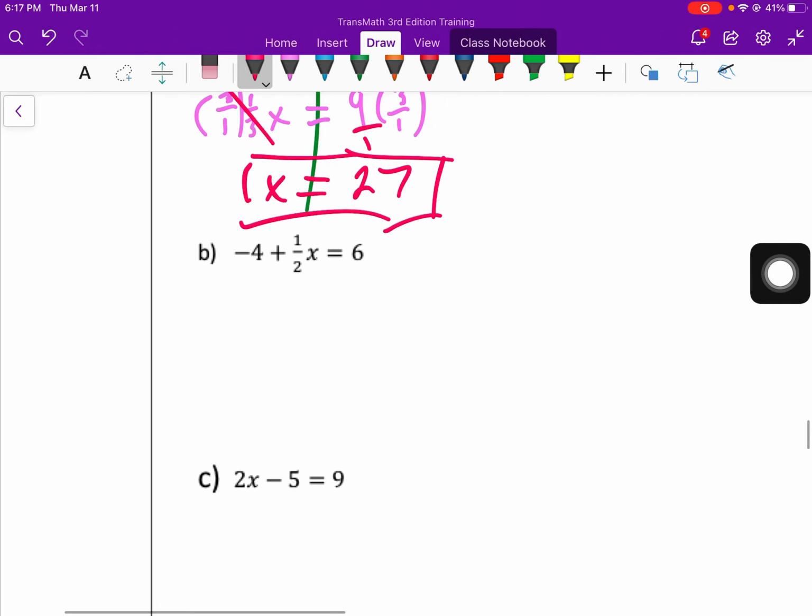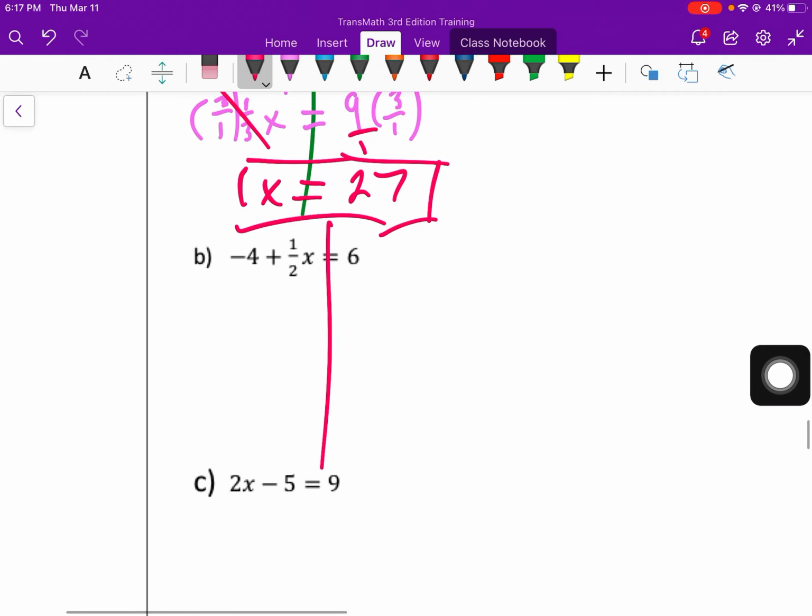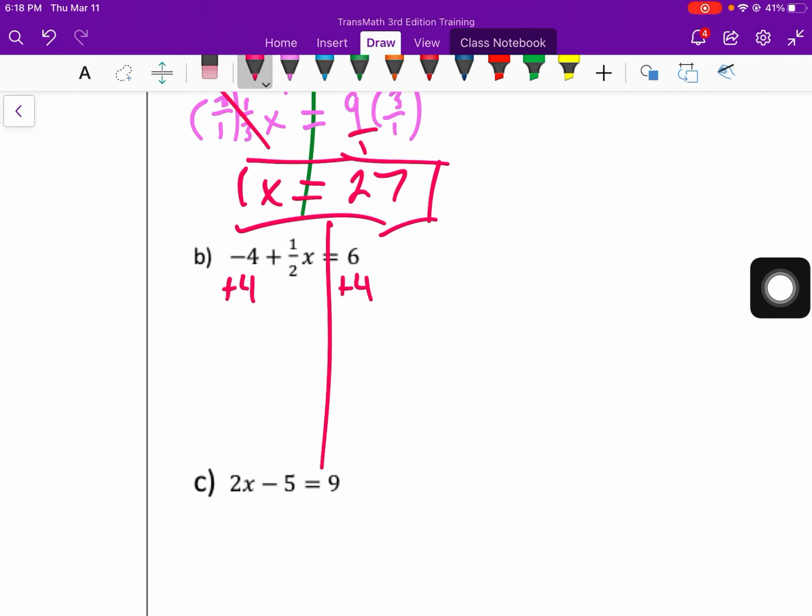Alright, when we're doing inverse operations, I should make a reminder. We're going to isolate x, getting x by itself, and we want to do addition and subtraction first, because we're doing the opposite of our order of operations. It's the inverse. So we're going to add 4 to both sides, because it's negative 4 plus half x equals 6.